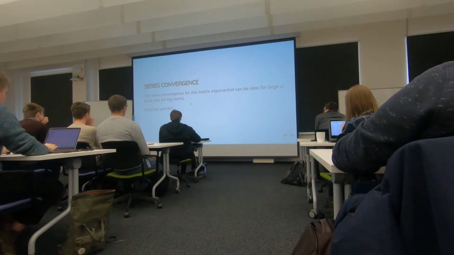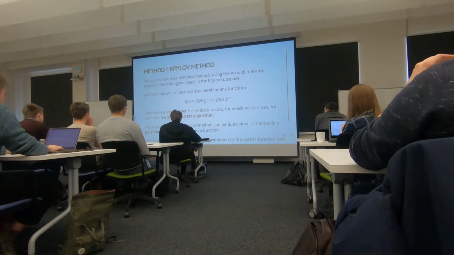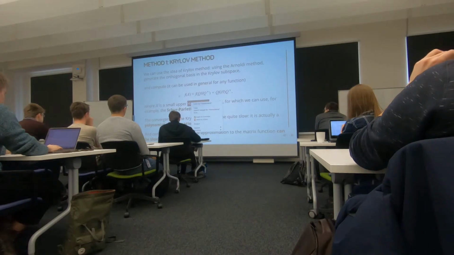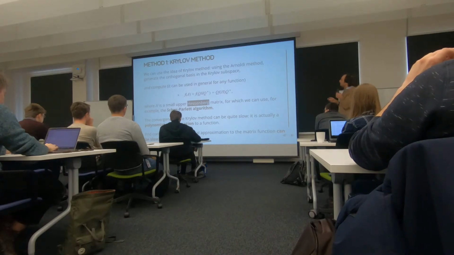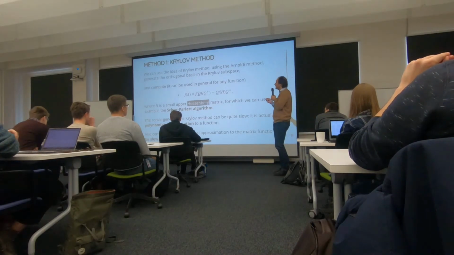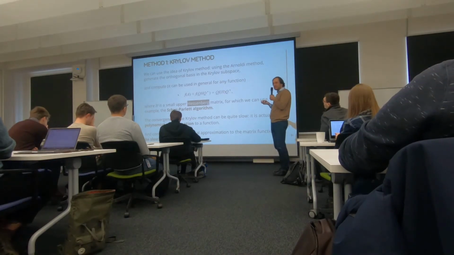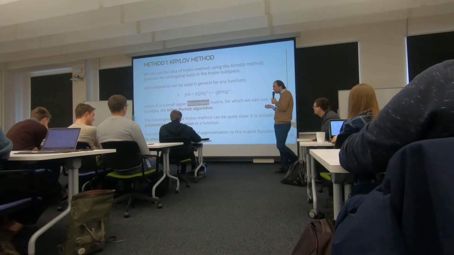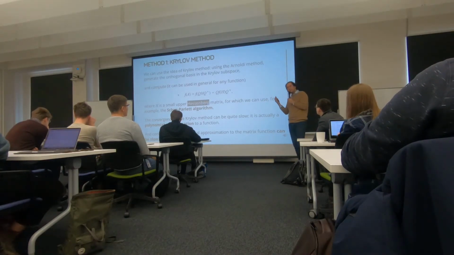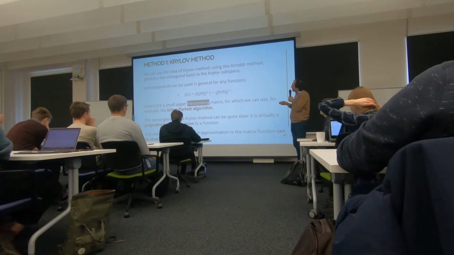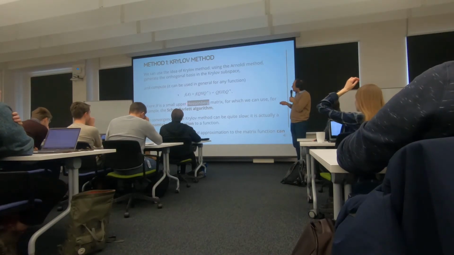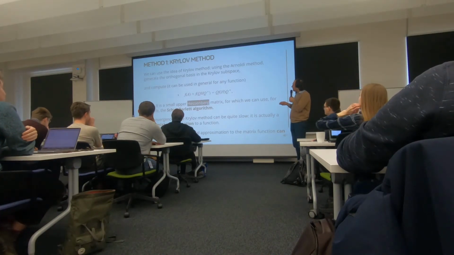So what we can do. So this is method one, and this is a very nice method actually. We generate a Krylov subspace. How do we generate a Krylov subspace? We generate it using Arnoldi recursion. So we generate an orthogonal basis in the Krylov subspace, and then we do an approximation.